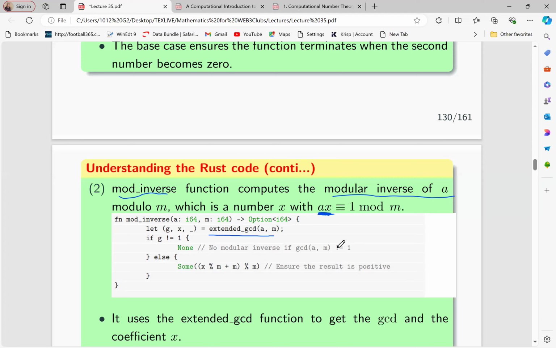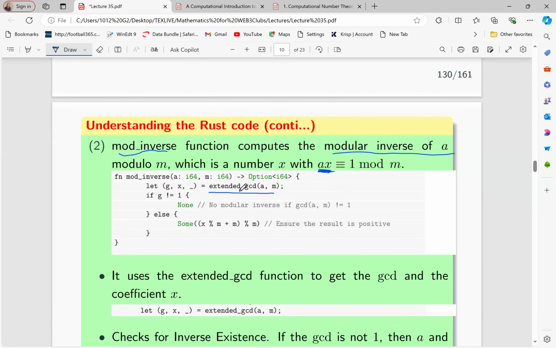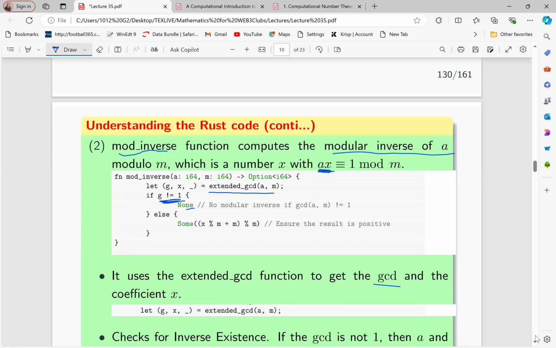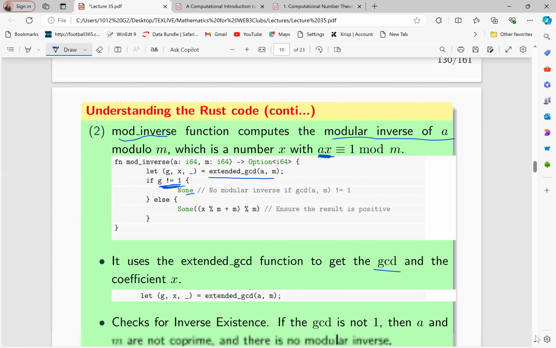It uses the result obtained above by the extended Euclidean algorithm to find the GCD. Then after finding that GCD, if the GCD is not equal to 1, it says None, to mean there is no inverse.